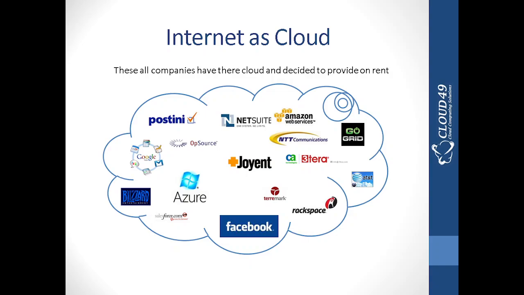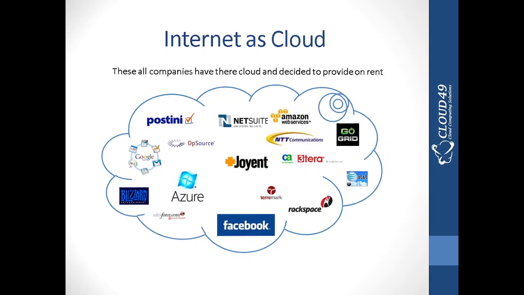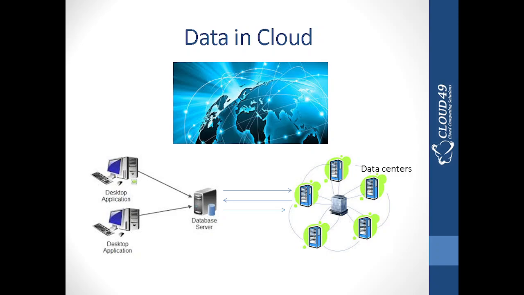Amazon is also there, NetSuite is also there, GoGrid, NTT Communications, and 3Tera are also used. Then Rackspace, Salesforce.com, Google, and open source. So these are the companies, here you can see.